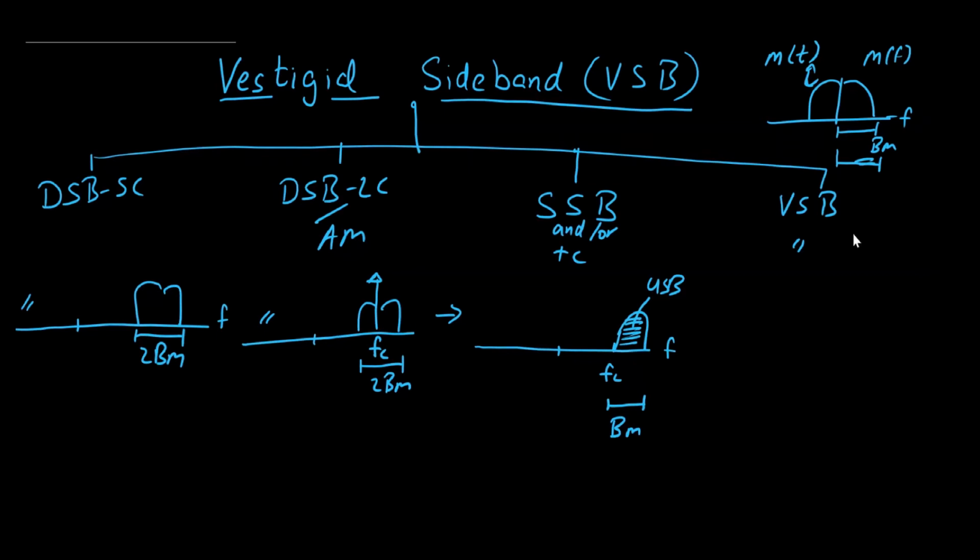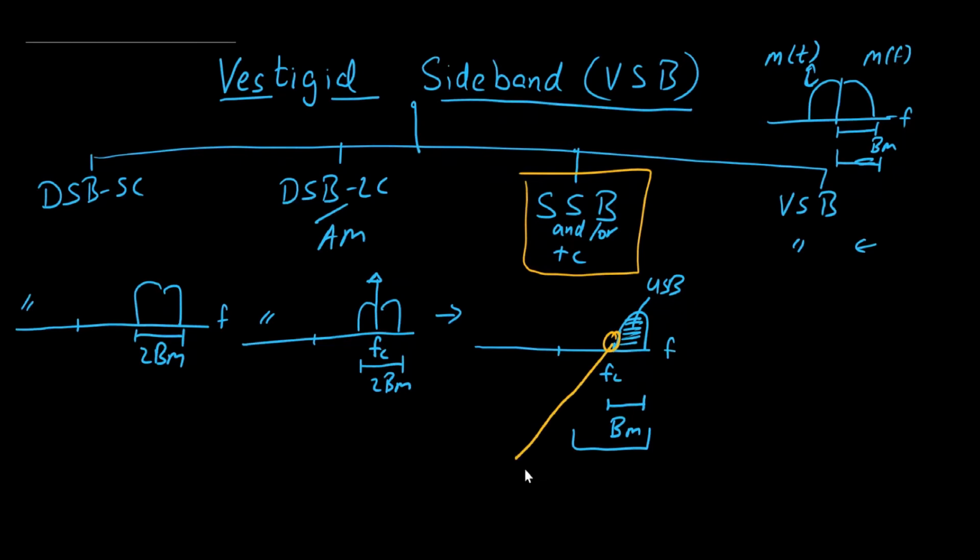Then the question comes: why do we need VSB when we have already achieved a solution in SSB? The answer is that SSB has some limitations, at this point over here.